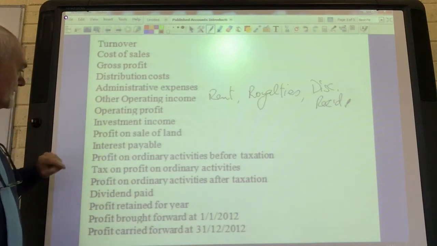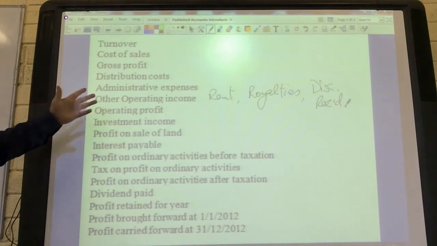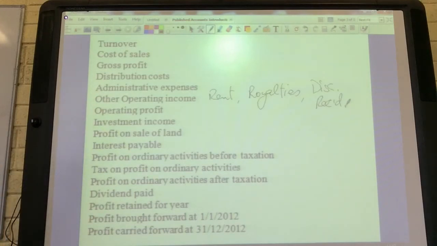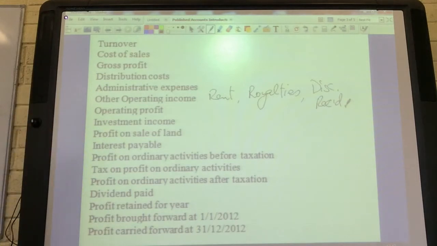Whereas the income you earn from investments, that's being earned outside of the firm. And the profit you're making on selling a fixed asset, that type of capital income, isn't really looked on as your normal day-to-day income that arises from your internal operations.